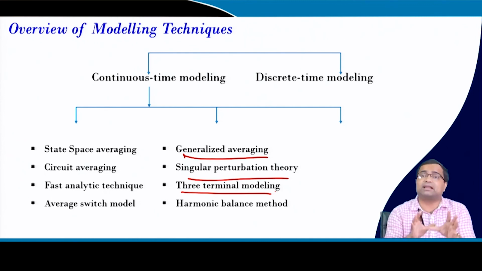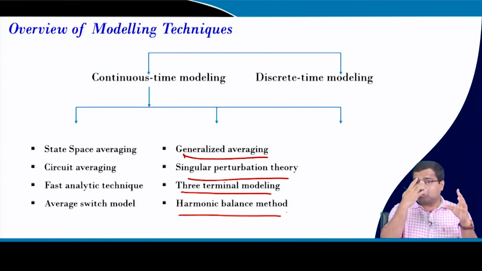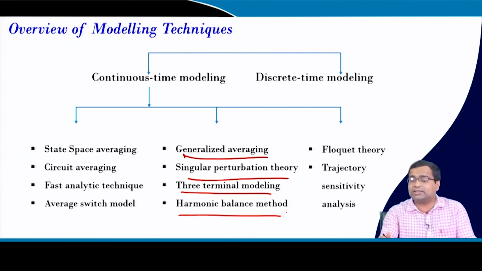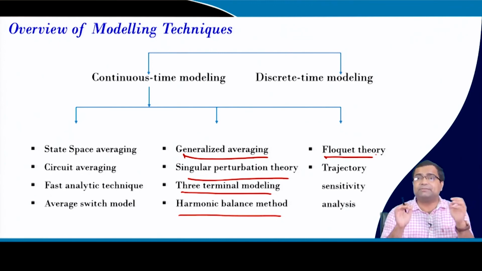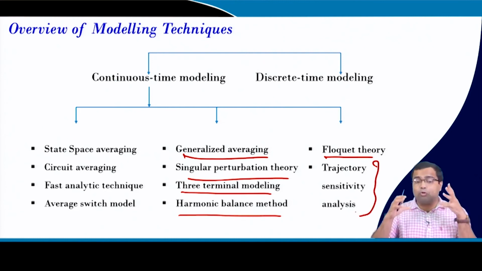All these models have been developed and well reported in the literature, and the harmonic balance method can also be used, which uses the describing function method. Also Floquet theory is a very powerful tool which captures the discontinuity during the switching event using the Filippov method, and trajectory sensitivity analysis can be used to get a more accurate continuous time model.